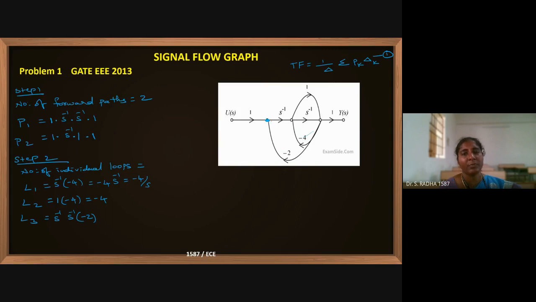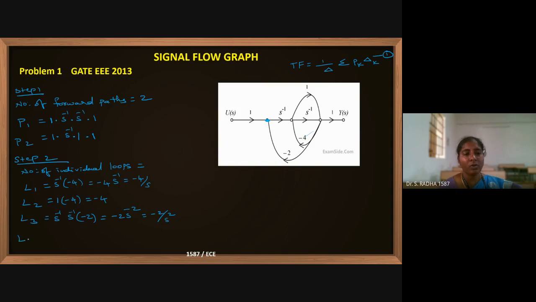Starting from a node, traveling, and after some time coming back to the same node, that becomes a closed path, called a loop. On the way, I should not repeat any node or branch. I should come back to the same node, that condition is valid, but on the way I should not repeat any node or any branch. This is the third closed path, which can also be written as minus 2 by S square.